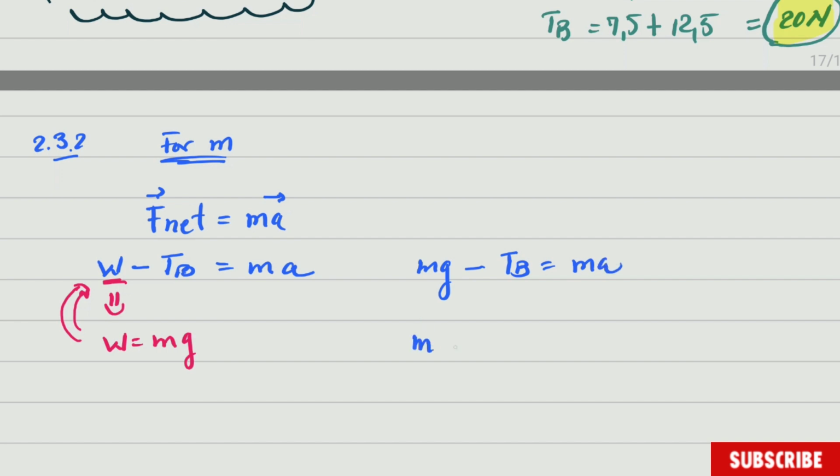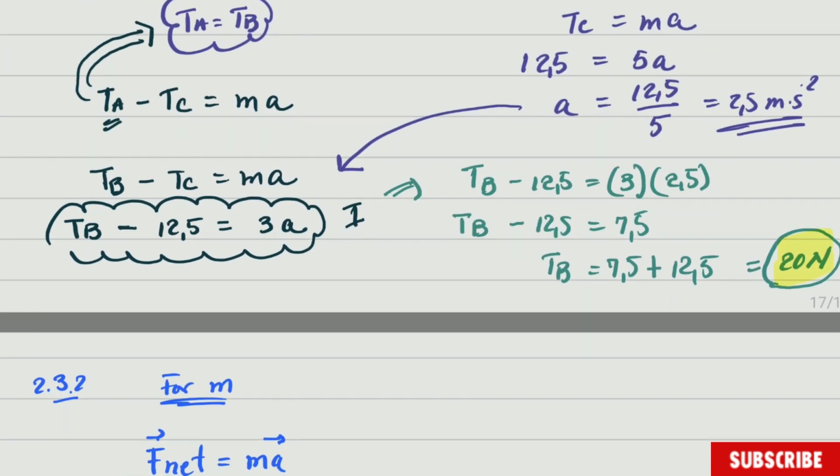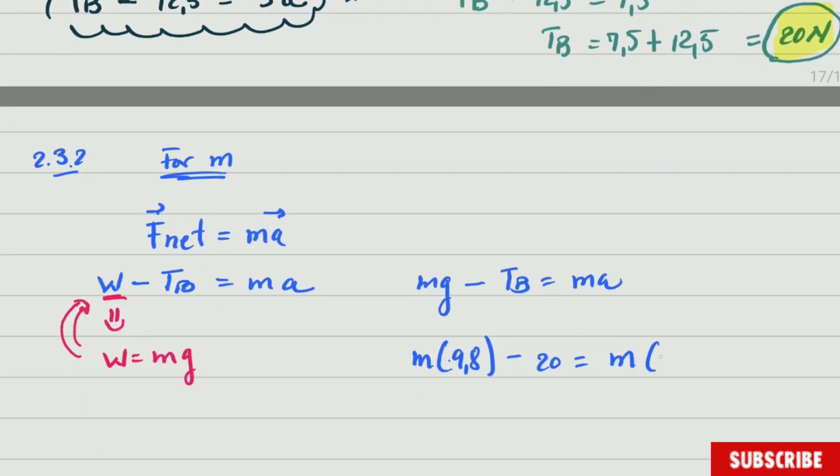M, we don't have it, we're looking for it. G is 9,8 minus TB, which we just calculated, it is 20, is equal to mass, we are looking for it, multiplied by the acceleration, which we did calculate previously, 2,5.